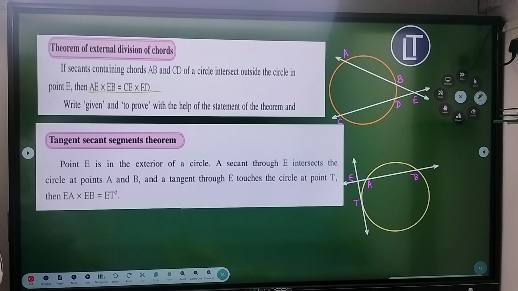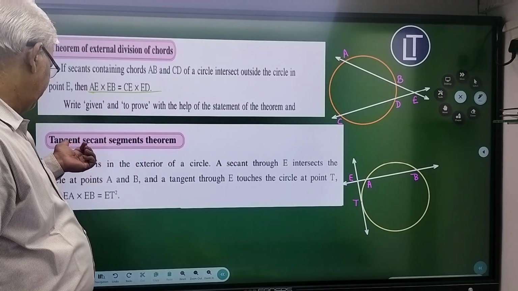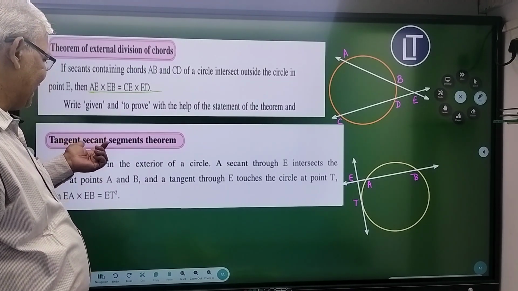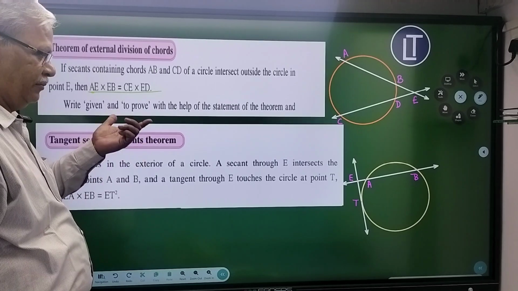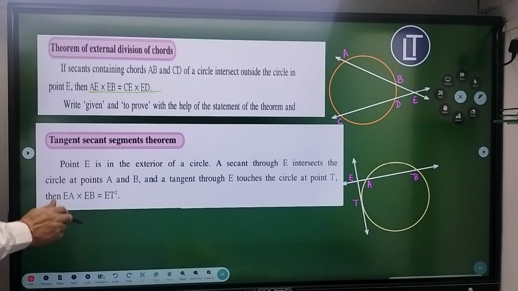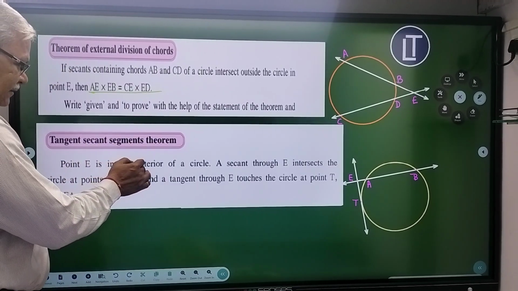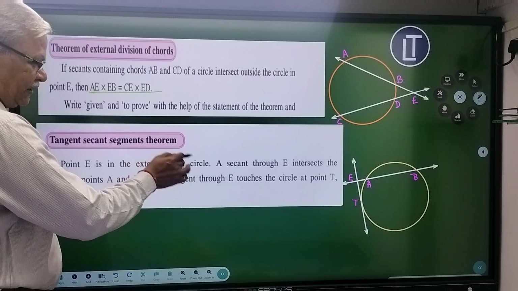Now the last theorem, the tangent second segment theorem. Now see here, point E is the exterior of a circle.